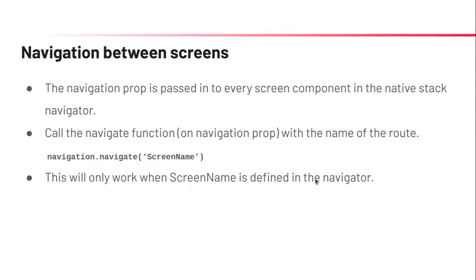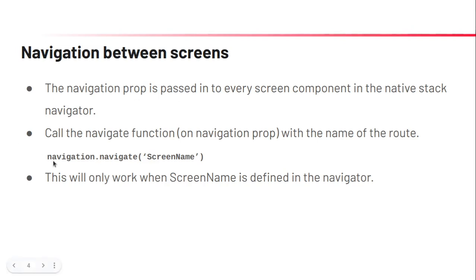Now we are going to see how we can navigate between screens. The navigation prop is passed into every screen component in the native stack navigator. When we use the navigation prop, we can call the navigate function with the name of the route which we want to navigate to.